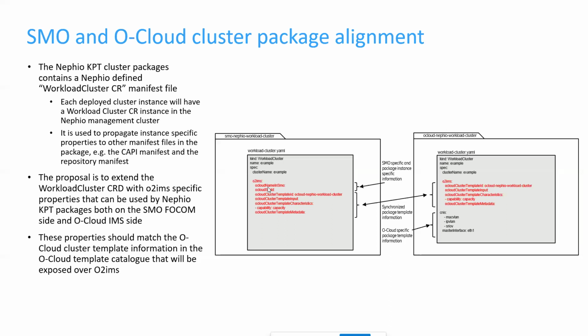From a FOCOM standpoint, what you want to say is you're targeting the O2 IMS of a specific OCloud. Yeah, exactly. But then again, I wouldn't have OCloud name, as we're doing with cluster template, as we're doing with site. I would have OCloud ref. And as a FOCOM implementation, the ref can be a name, the ref can be whatever.